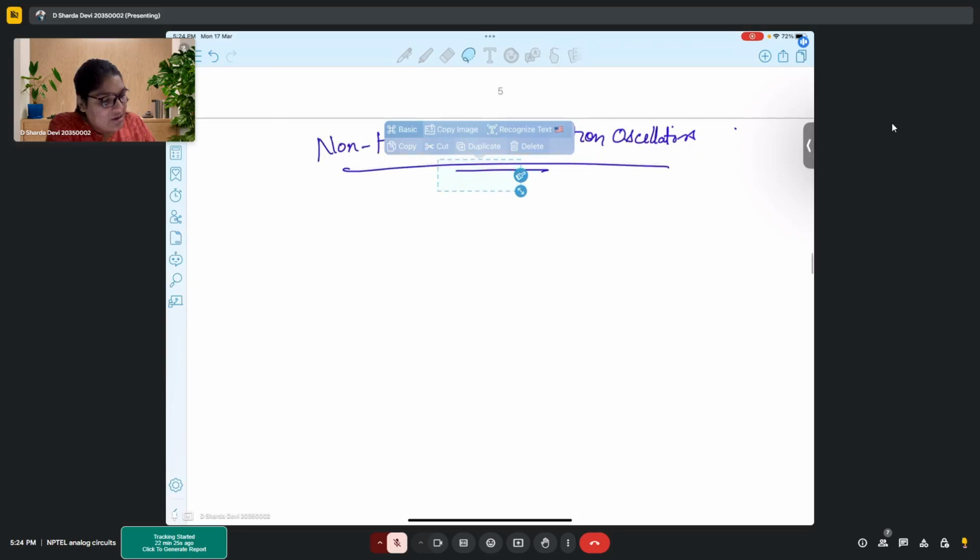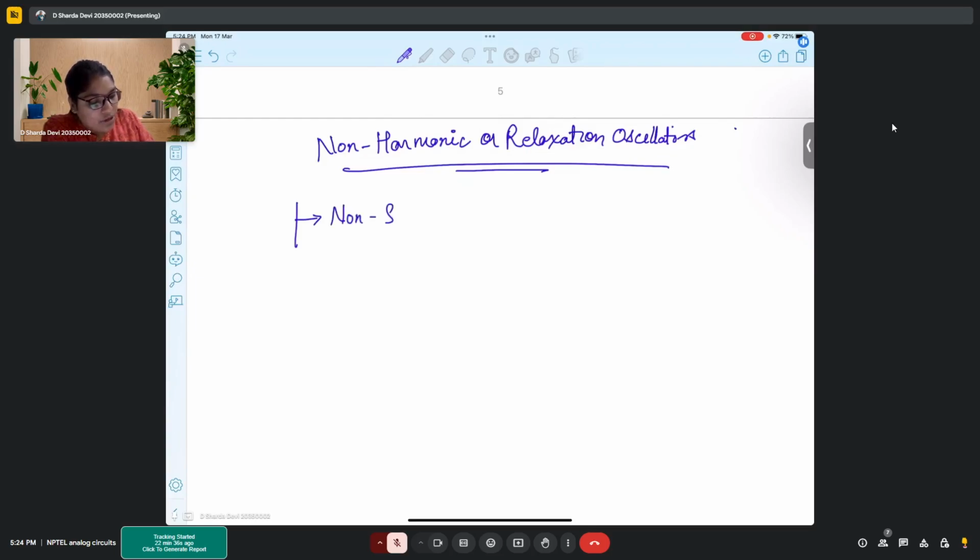These are the oscillators which give us non-sine waves. These are non-sine wave generators.